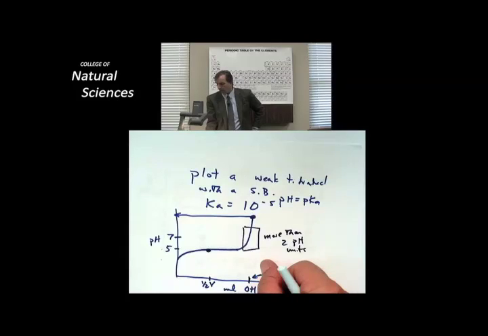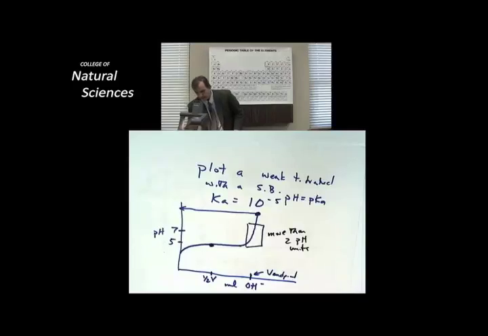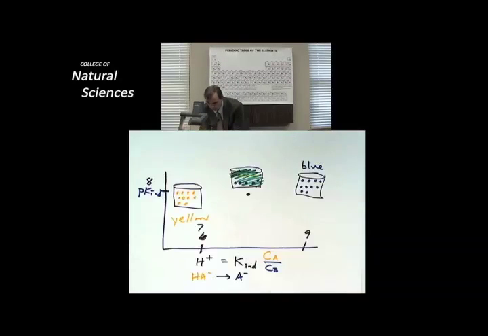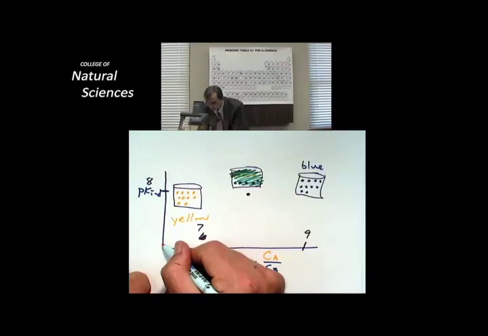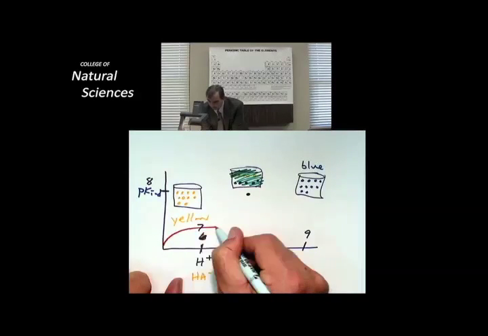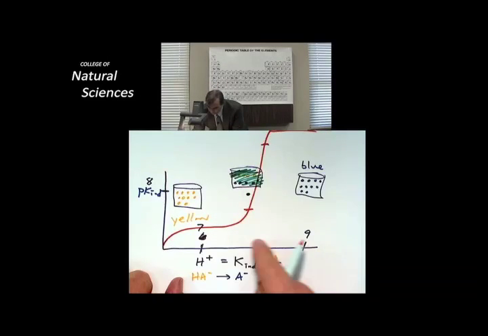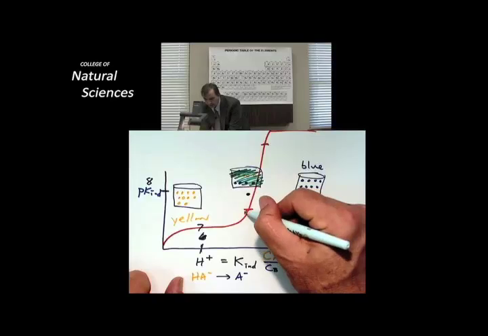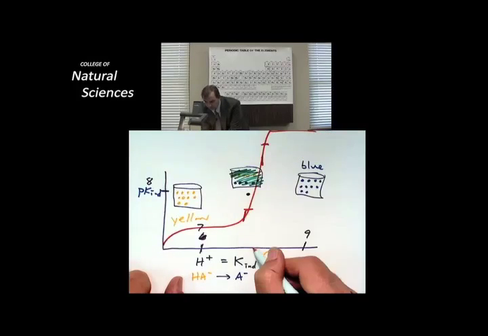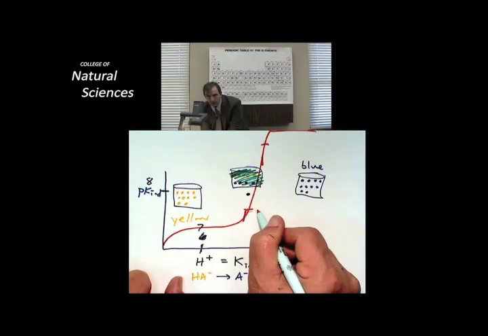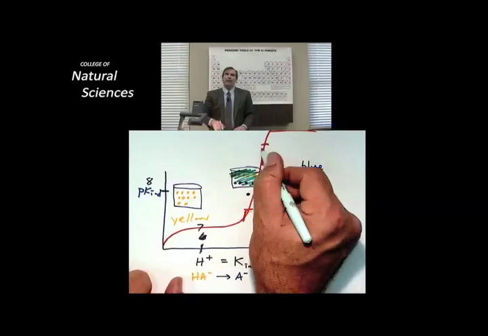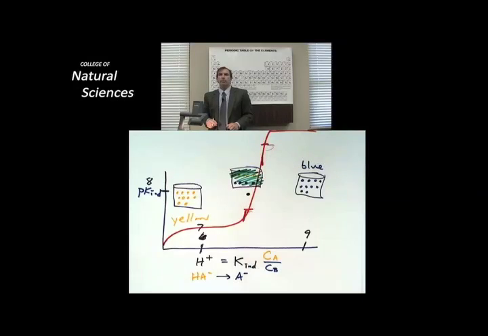So when I'm looking at a titration curve, and I decide that I'm going to draw it here, then this whole change here is taking place really not in a region that's as big as this, but frankly in a region which is very narrow in terms of the volume that's being added. And as a result, I go from being an all yellow container here to an all blue container here in this huge pH change in just a few drops of liquid.